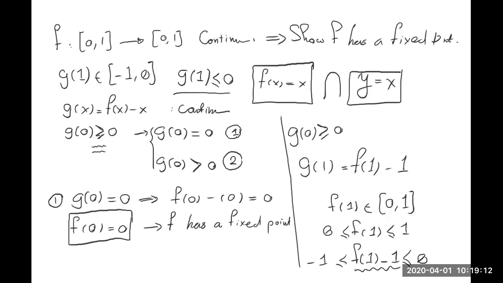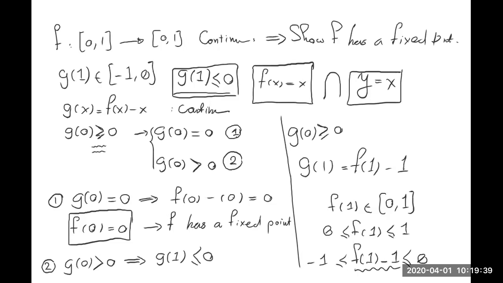And we're done. But what about the second case, where g of 0 is positive? Now in that case, we should look at the other point, g of 1. We saw above that g of 1 is less or equal than 0.